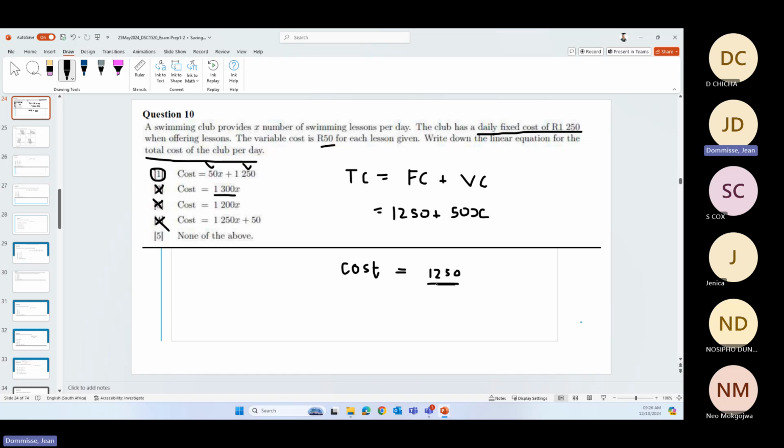And then as you get more people swimming, your cost will increase by the amount of people coming in to swim.